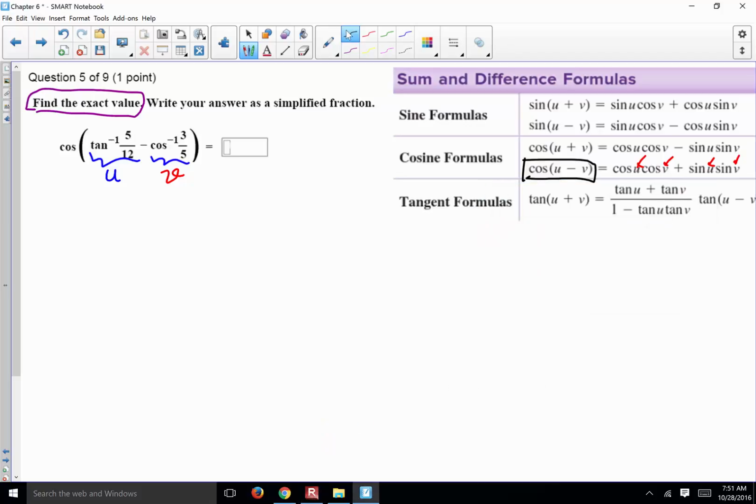Alright, let's continue this, and the formula says you take cos and cos of both angles first.